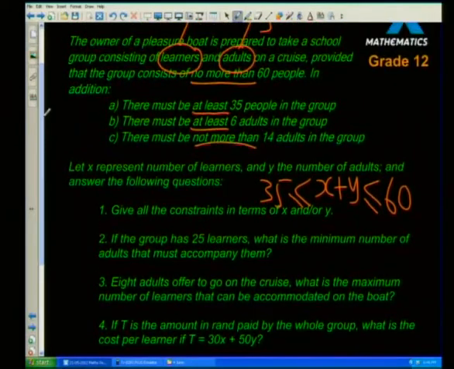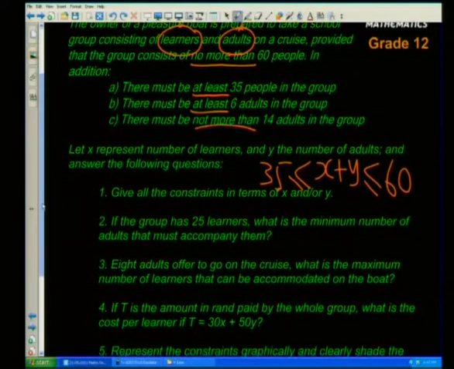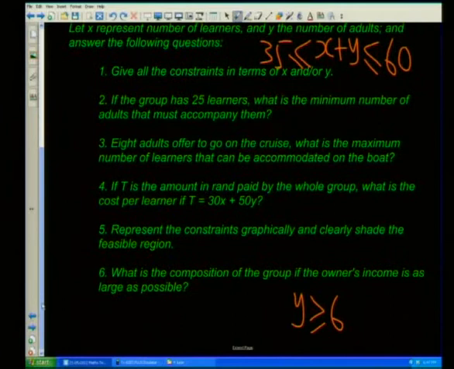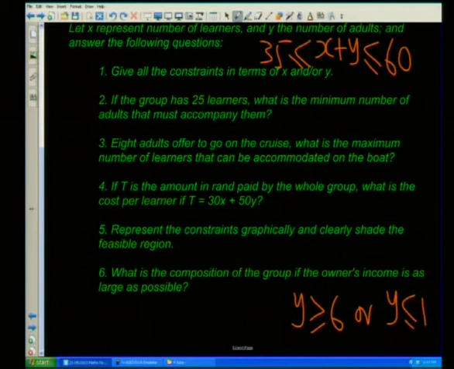What I've underlined is leading me into the constraints. The next set of information says there must be no more than 14 adults in the group. Again, it's pertaining to the adults, both statements. So it says not more than, which means we also have that Y must be less than or equal to 14.